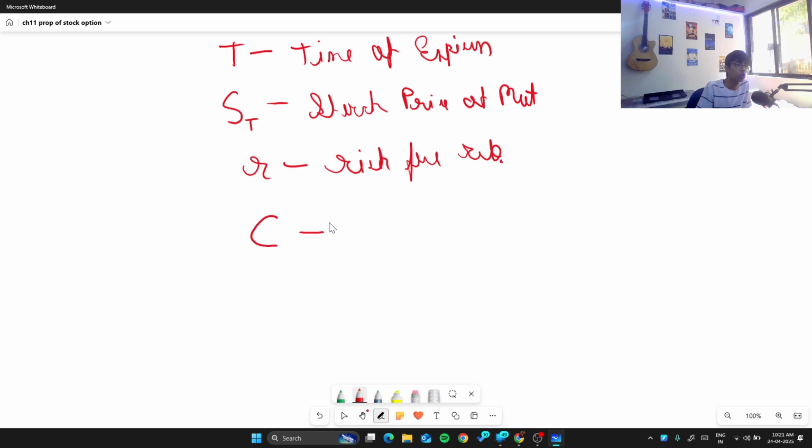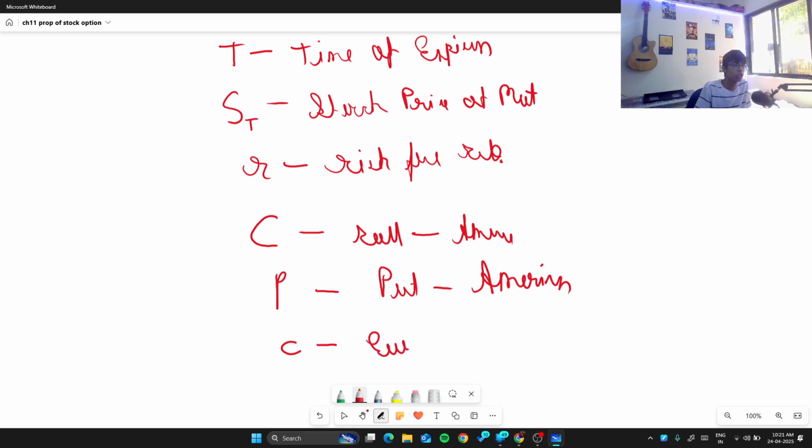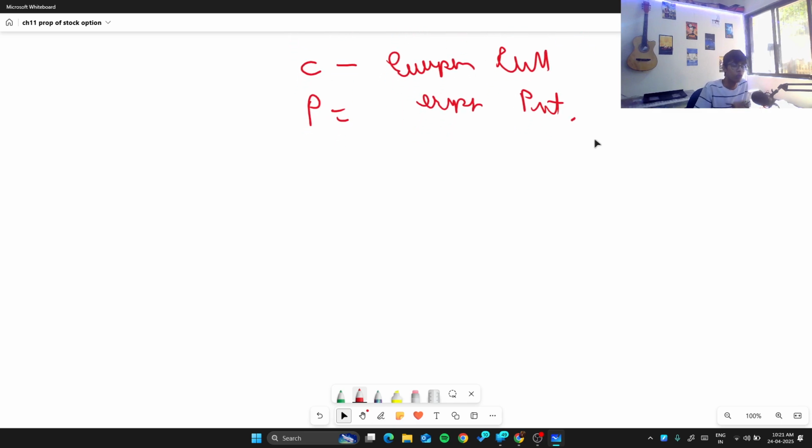Capital C is the American call, capital P is the American put, and small c is the European call, and small p is the European put. That's simple, after you understand. And one condition is always true for no arbitrage opportunity, that is r is always greater than 0.